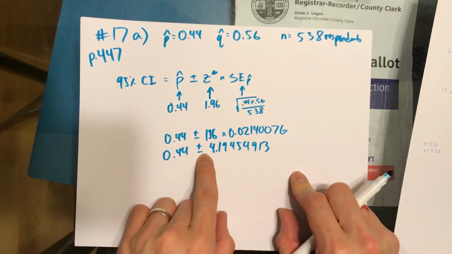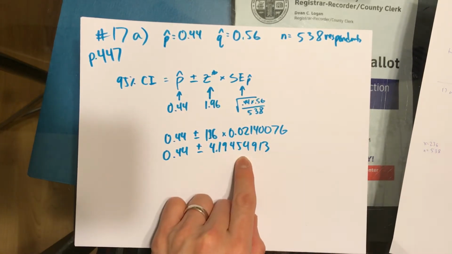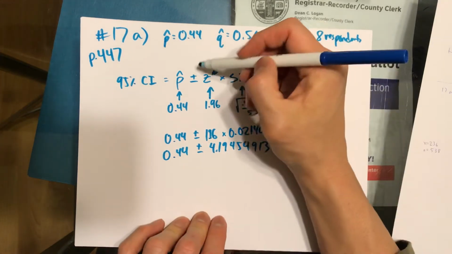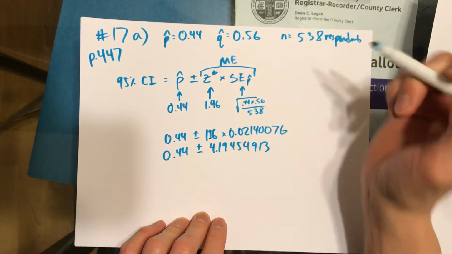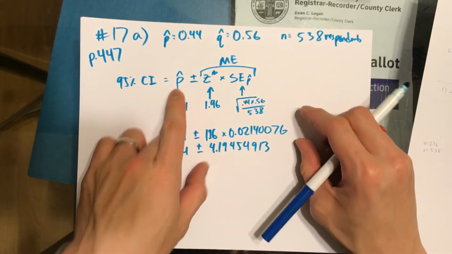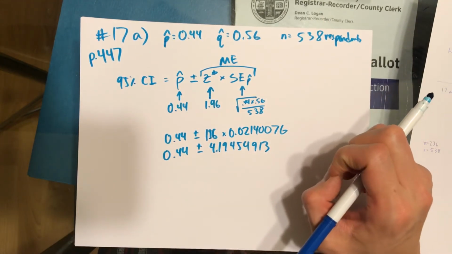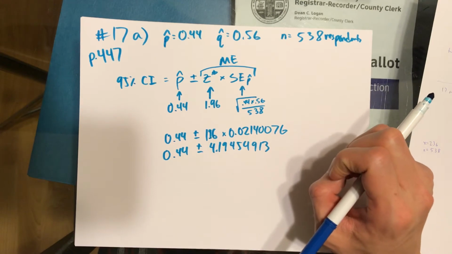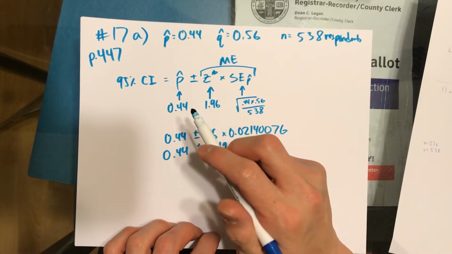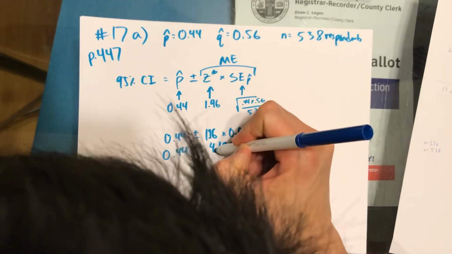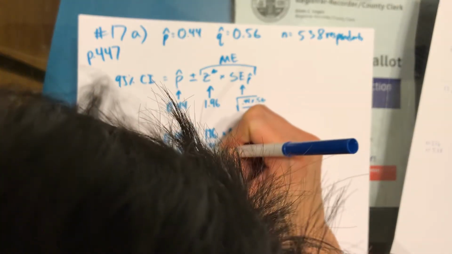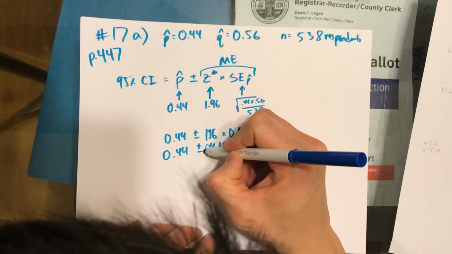So what do we just do? What is that number right there? That represents our margin of error. Because remember, that is our margin of error, how much we're going to plus or minus from our statistic, our estimate. Oops. I put that decimal in the wrong place right there. That should be like that.